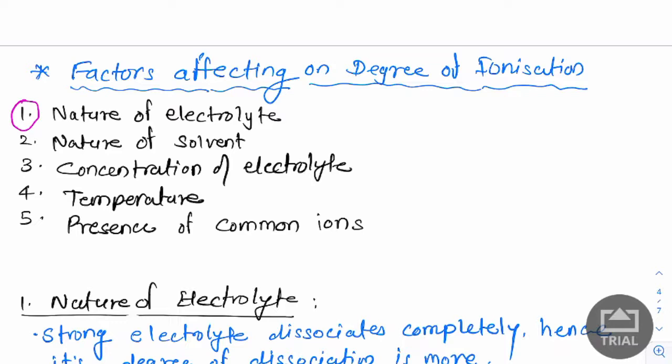The second factor is the nature of the solvent, whether you are using a polar or non-polar solvent. The third is the concentration of the electrolyte, the fourth is temperature, and the last is the presence of a common ion. Let us discuss each factor in detail.